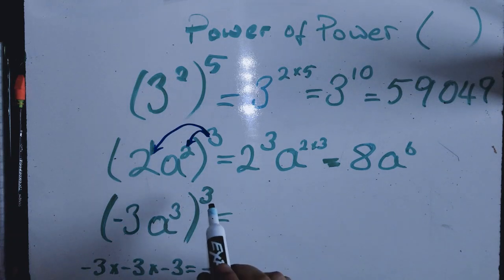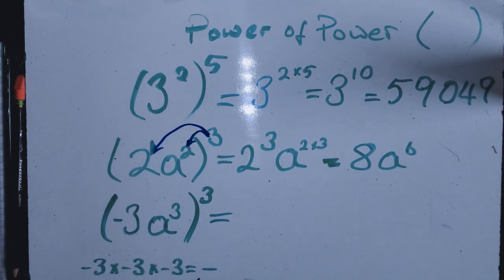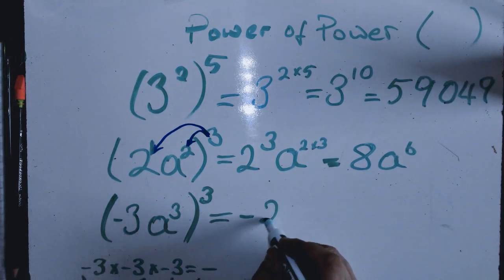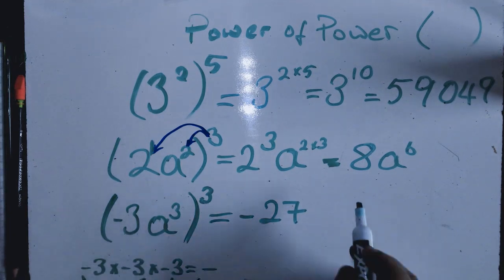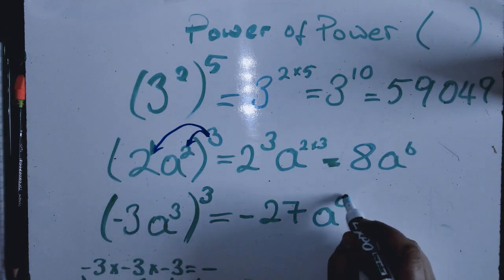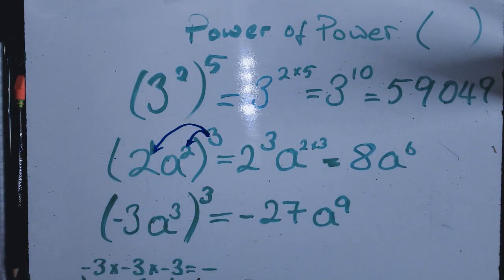If this were an even number, you would end up with a positive number. 3 times negative 3 will give me a positive 9, but then times a negative 3 will give me a negative 27. So if I had an even number, I would be multiplying one more time by a negative, which would turn to a positive, but not in this case. So negative 3 to the 3rd power is negative 27, and a to the 3rd to the 3rd power is a to the 3 times 3, 9.